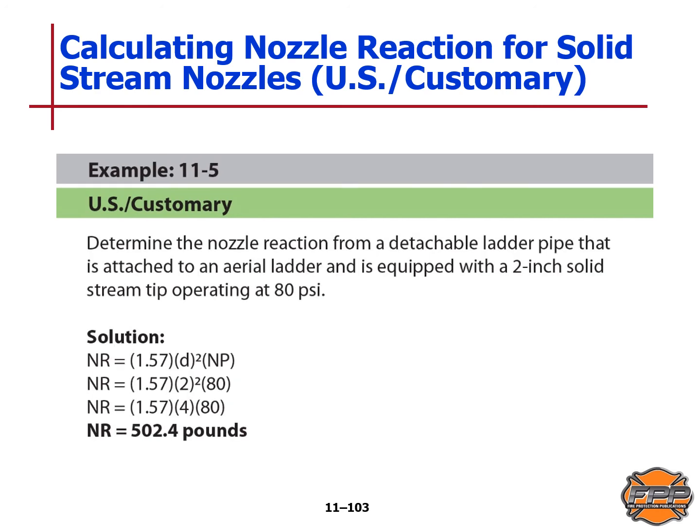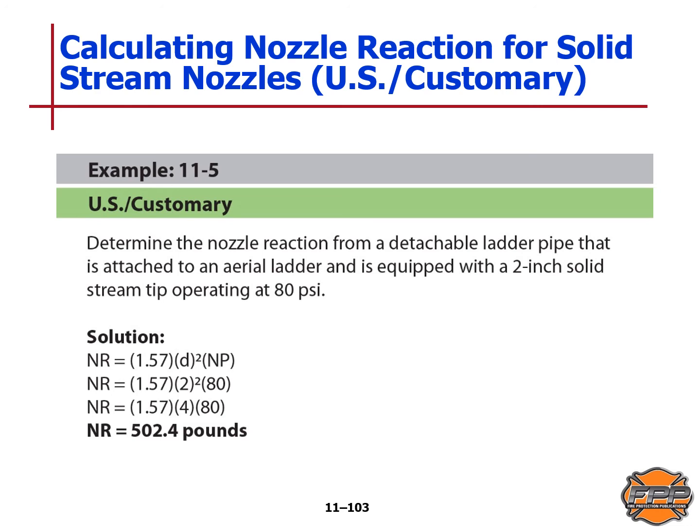Here's another example. Determine the nozzle reaction from a detachable ladder pipe that is attached to an aerial ladder and is equipped with a 2-inch solid stream tip operating at 80 PSI. Well, you're still trying to figure out nozzle reaction, so no matter what type of nozzle you're using, the formula is going to be the same. So again, your formula is nozzle reaction equals 1.57 times diameter squared times nozzle pressure.